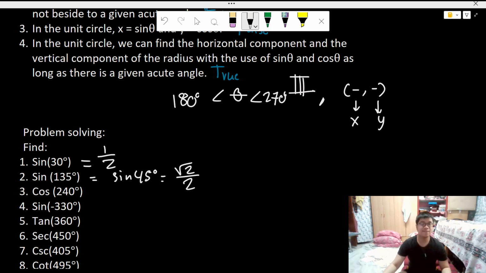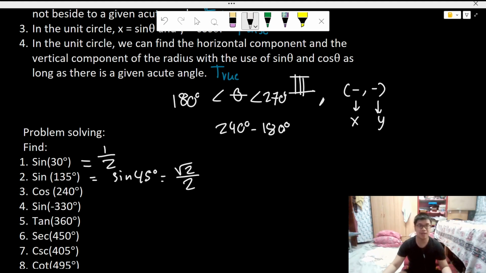So how do we get the reference angle? If you have a given angle, which is 240 degrees, and it's in the third quadrant, you're going to subtract 180 from it. So 240 degrees minus 180 degrees. Again, you'll only do this if and only if the angle is within the third quadrant.